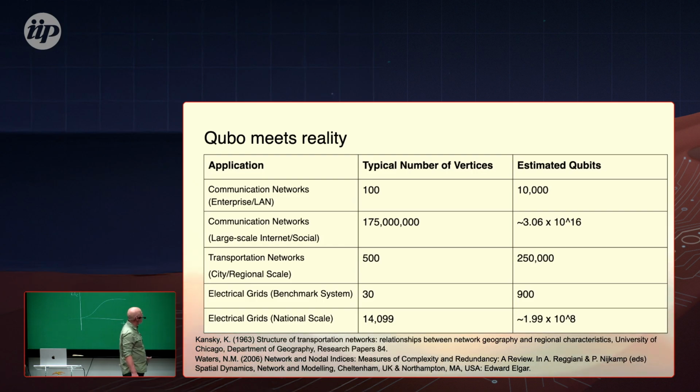But the worst thing is that it's quite disappointing in general. If you go to a simple application in communication networks, and let's suppose that I want to attack a problem with just 100 vertices, I would have to use in that formulation one qubit for each bit of classical information, or each vertex, or each edge.